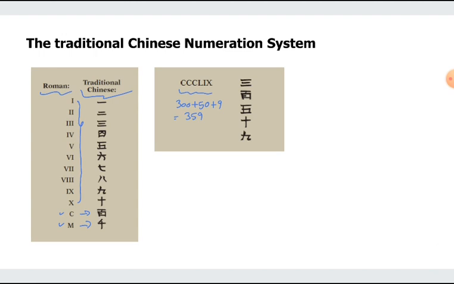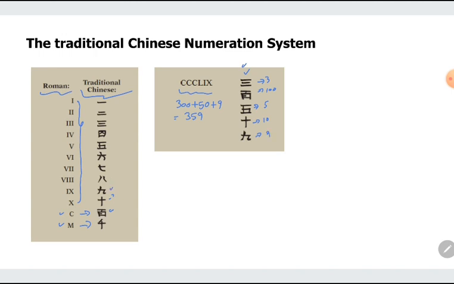Now, analyzing how they would write it in Chinese. Looking at the table, this one seems to be 3, and then this one is the 100. Here, this one is 5. This one is 10. And then this one is the symbol for 9.